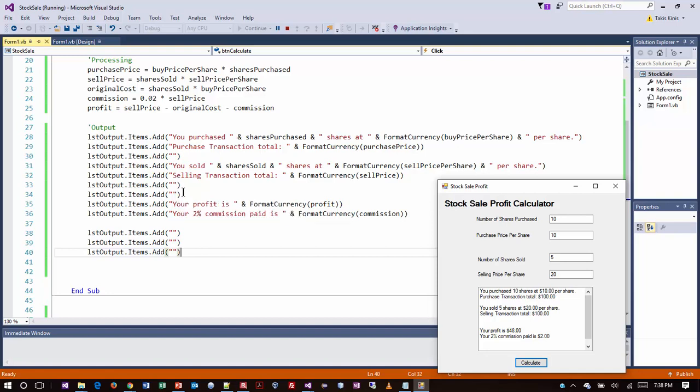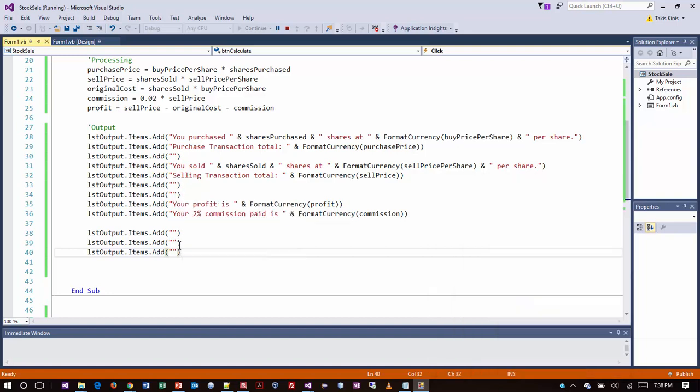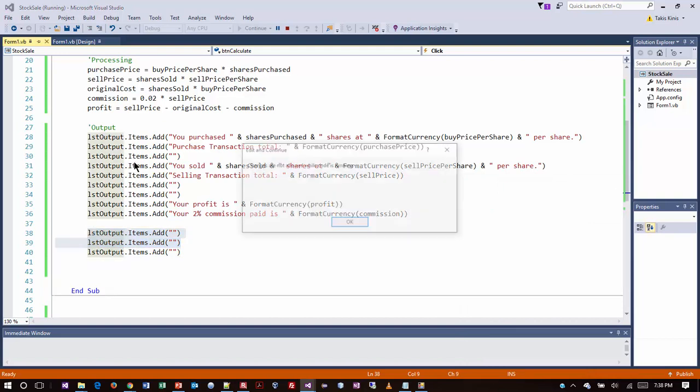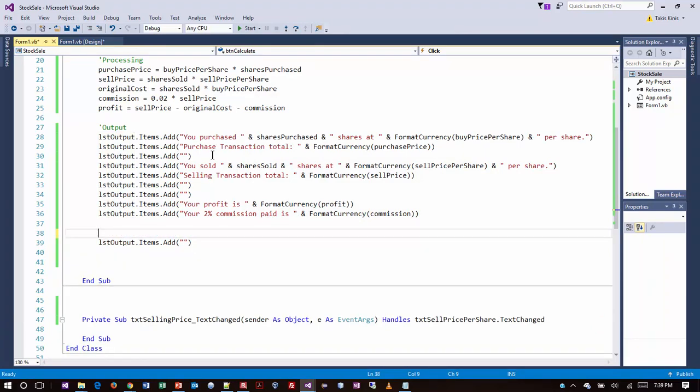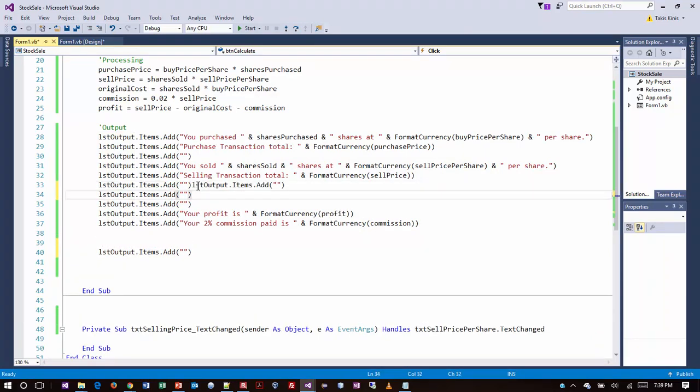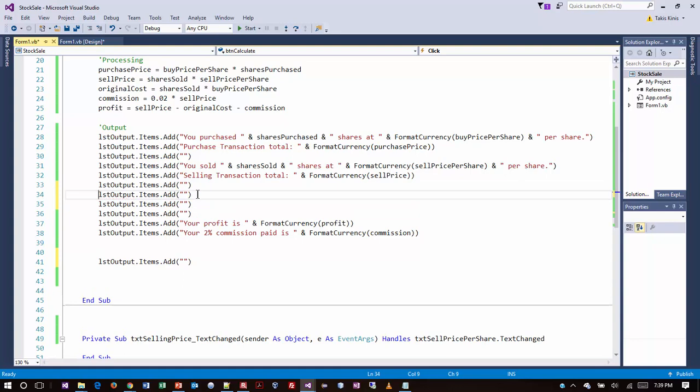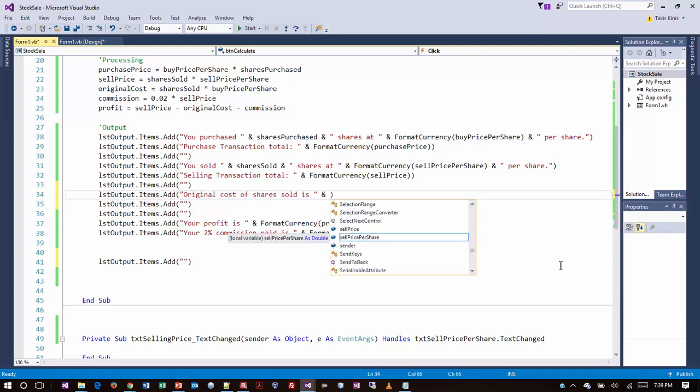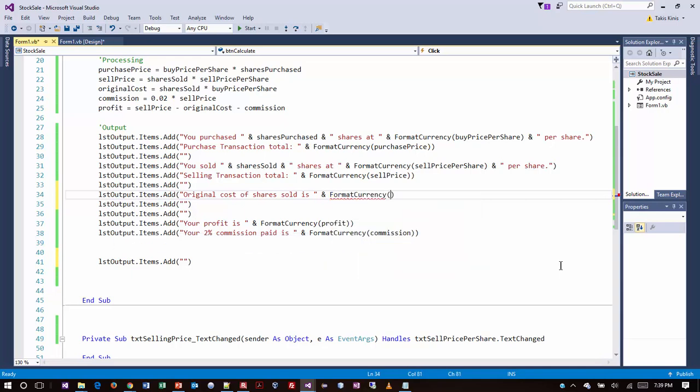In fact, maybe I could just take some of these extra ones here and move those up. Oh, that's right, code's running. Hit that stop button. Original cost of shares sold is ampersand. And we already have a thing that holds that value, right? We're going to format the currency.